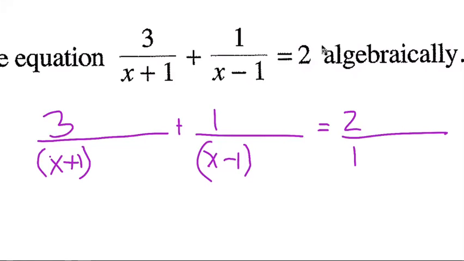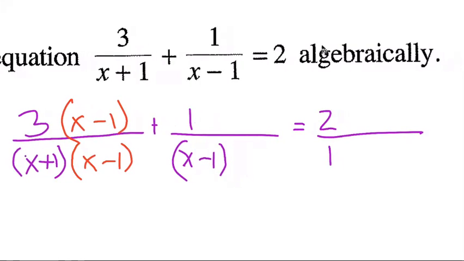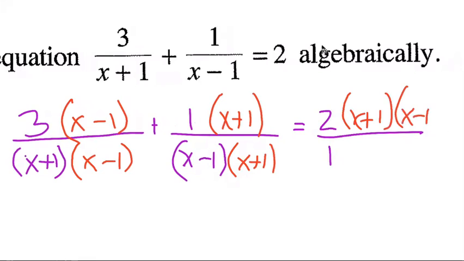And then what do we have to multiply in? To get the common denominator of x plus 1, x minus 1, x minus 1 gets multiplied here, x plus 1 gets multiplied here, and the 2 needs both x plus 1 and x minus 1 in order to be on this denominator.